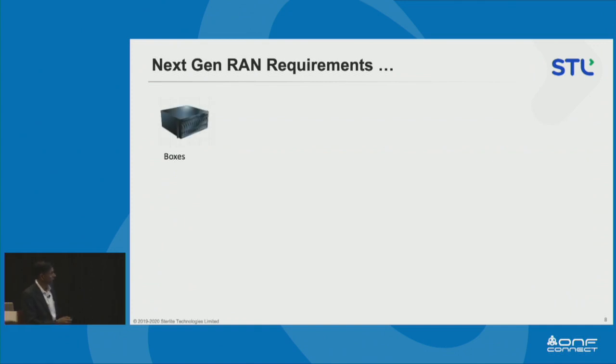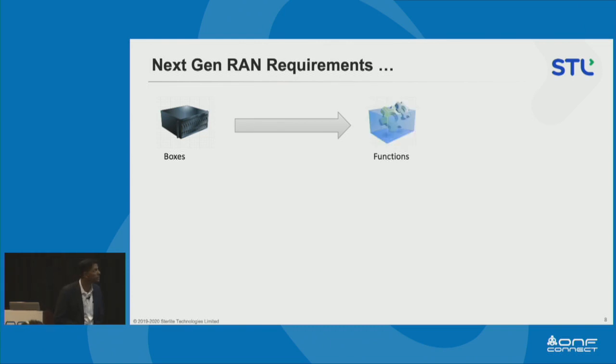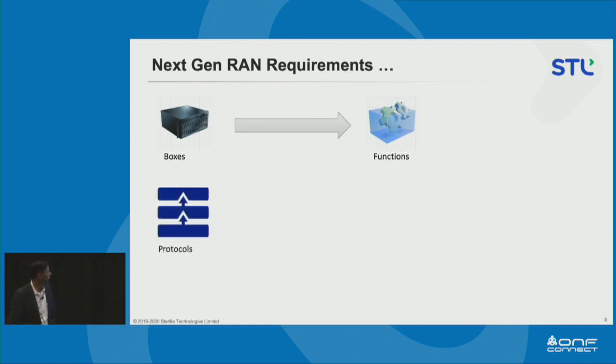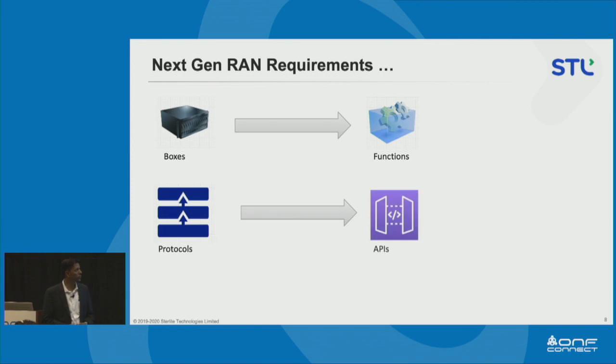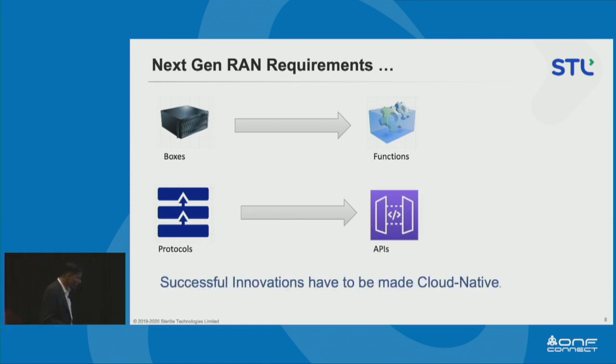Well, as everybody knows, now the boxes are getting moved to the functions, a virtual function or a container-based function. Our proprietary protocols are getting moved to the open APIs. And for any successful innovation in any domain, you could definitely focus on what exactly your application would do, what is the core service that it has to provide.